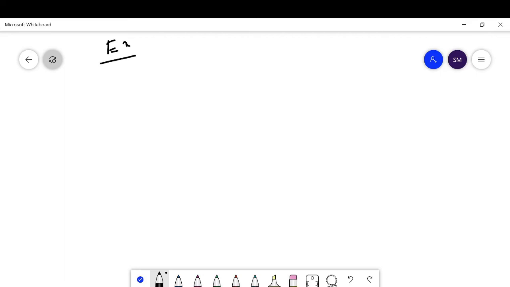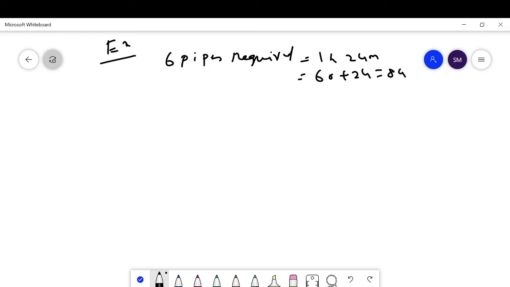Here the question says 6 pipes require 1 hour 24 minutes, means 60 plus 24, 84 minutes, to fill a tank. Then when there are 7 pipes, find out the time period.